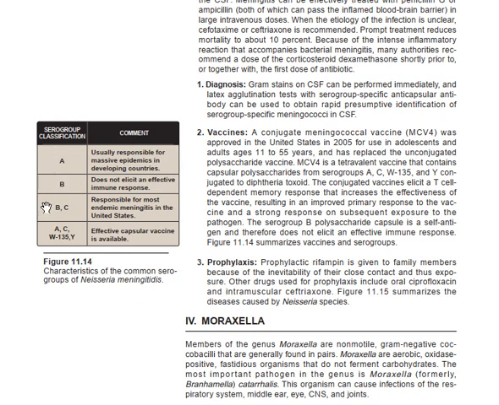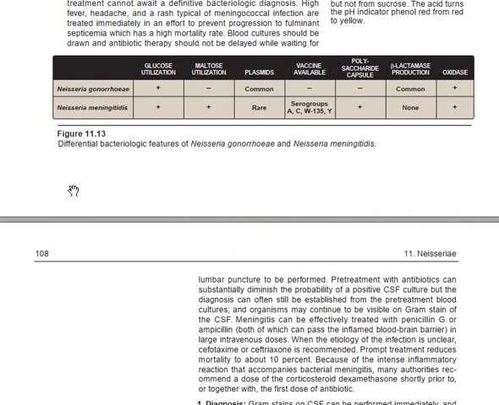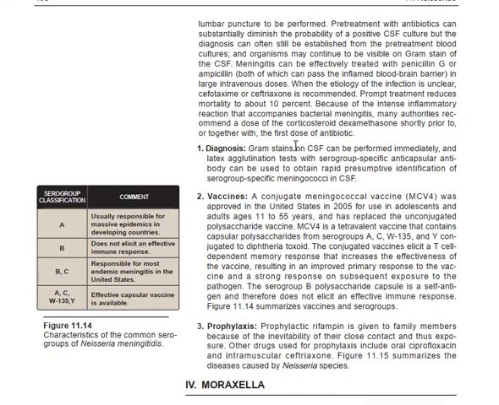Serogroup B does not elicit any effective immune response. Is it clear? So that's why B is not used as a vaccine. So we don't use serogroup B for any vaccine. You do not see any B on the vaccine available because it does not elicit any immune response.